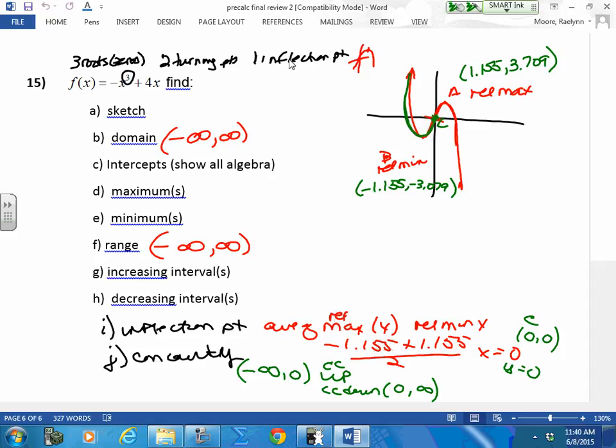Good? For the concavity, it's the x that you use? Mm-hmm. I'm watching the y slope up for a concave up. I'm watching the y come down for a concave down, but I'm telling you what intervals are by the x value. I said if you look at x from negative infinity to 0, you're going to see your y concave up. If you look at x from 0 to infinity, you're going to see your y concave down.